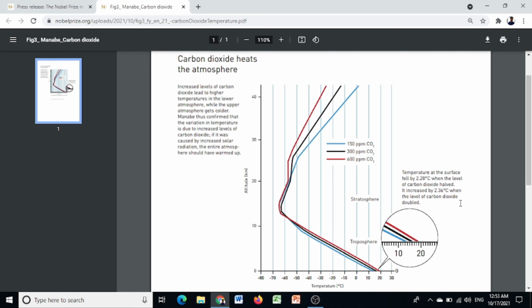The temperature at the surface fell by 2.28 degrees centigrade when the level of carbon dioxide halved. It increased by 2.36 degrees centigrade when the level of carbon dioxide doubled. Arrhenius's model thus achieved the correct shape. The result is now more deterministic.